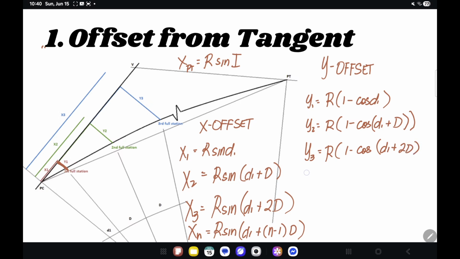So, for our yn, any y, r times 1 minus cosine d1 plus n minus 1 d. Then, for our ypt, we're going to use the I. So, r times 1 minus cosine I. Okay? Next.